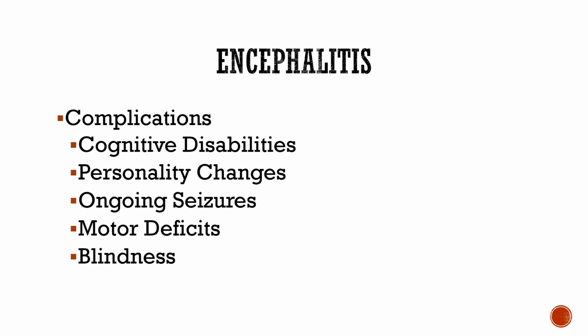So some complications, that would be your cognitive disabilities, personality changes, ongoing seizures, motor deficits, and blindness. So think about that. We're putting pressure on the brain. And if you go back from our day one, look at what all does the brain do.